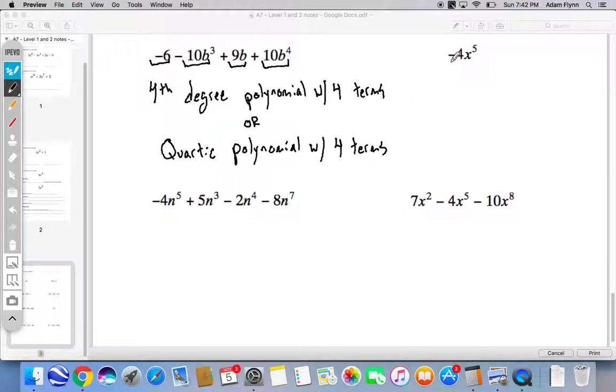So let's take a look at this one. Just 1 term, so we know it's a monomial. And if we look at our degree here, well, obviously this one's our highest, it's 5. So it's a 5th degree monomial.